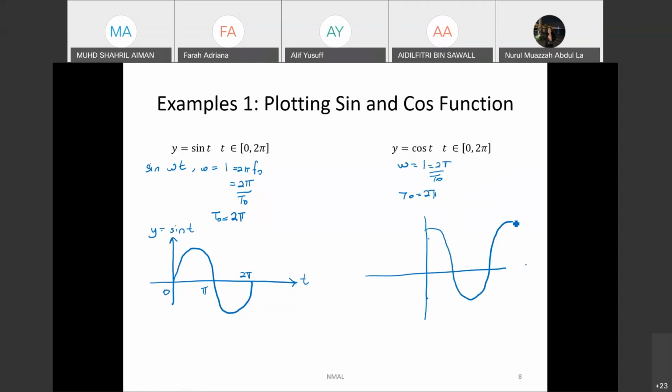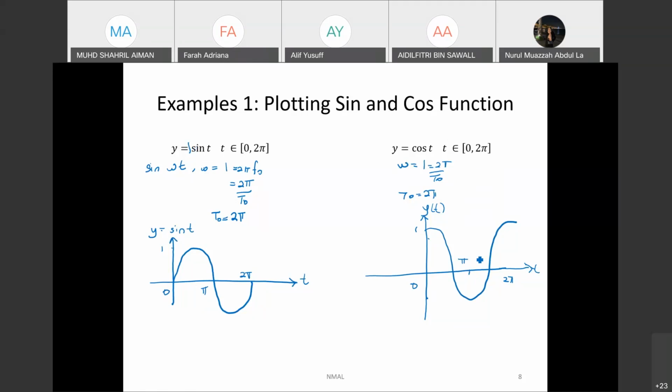So this is t. This is 2 pi because t naught is also 2 pi. This is 0. The highest here is 1. This one is also 1 because the amplitude of sine t here is 1. When it is sine t, it means this is 1 times sine t. So in the middle here is pi.